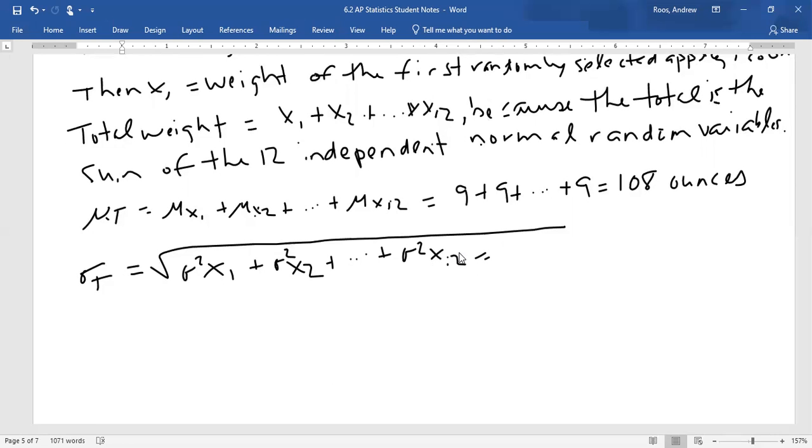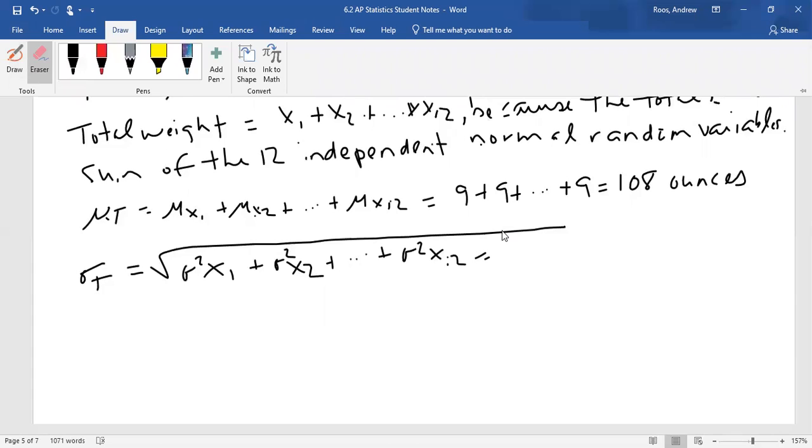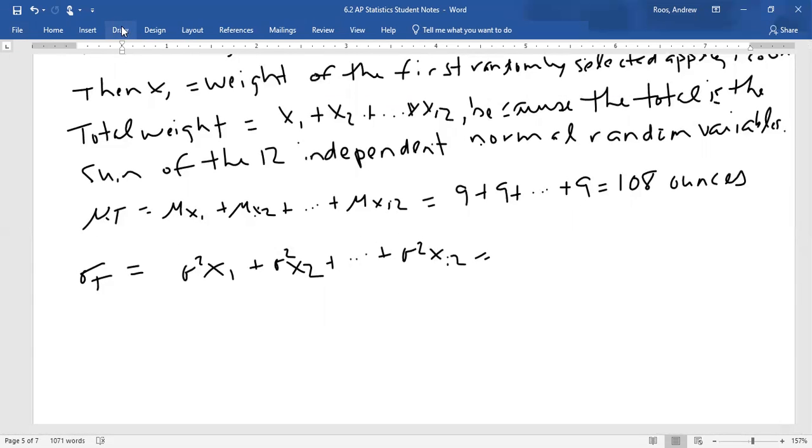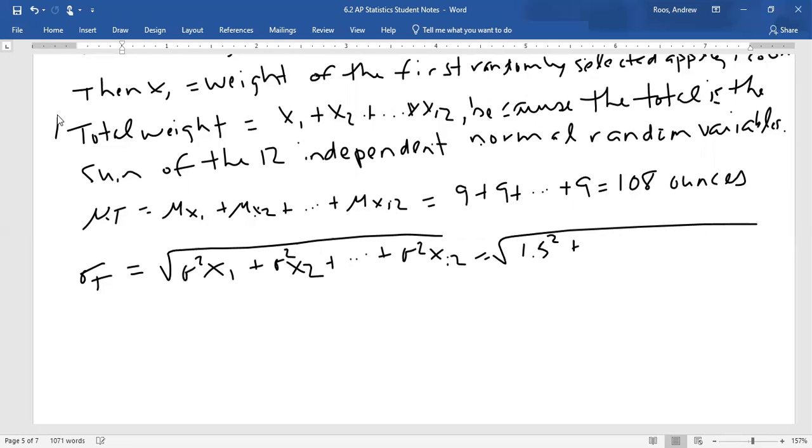Okay, so if the original standard deviation was 1.5, that means the variance would be 1.5 squared.